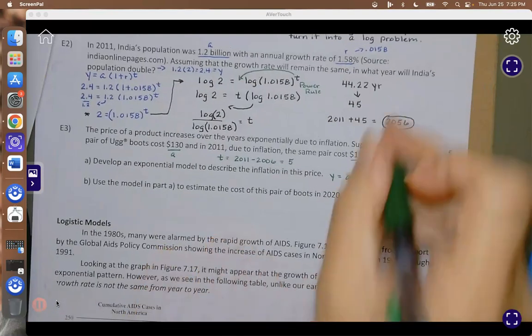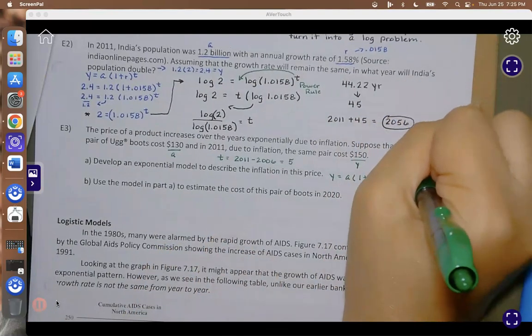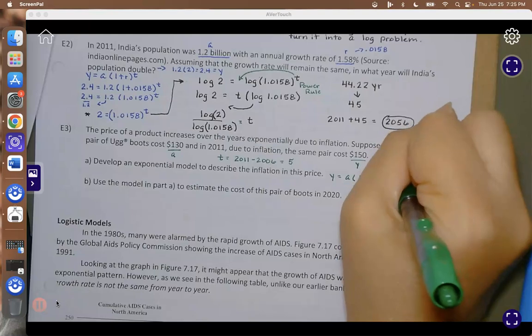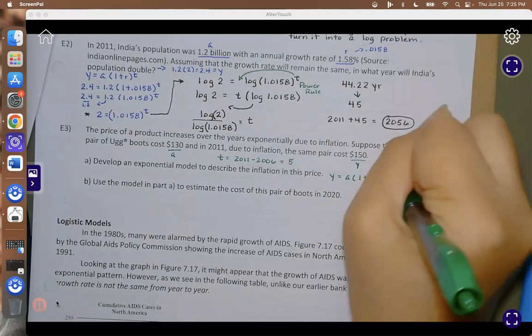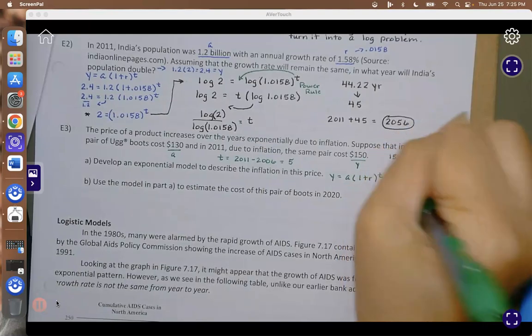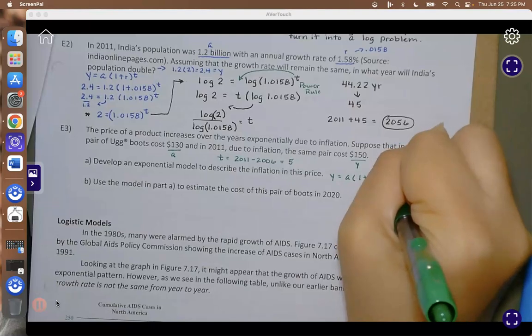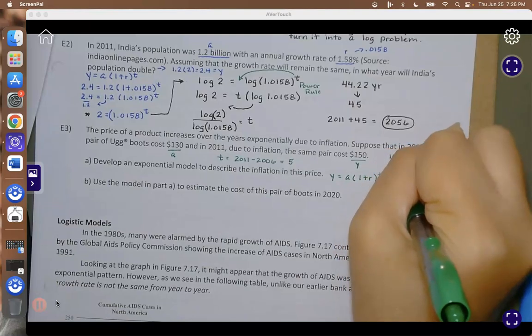Okay, so the first thing I'm going to do is divide 150 by 130. And that gives me 1.154.